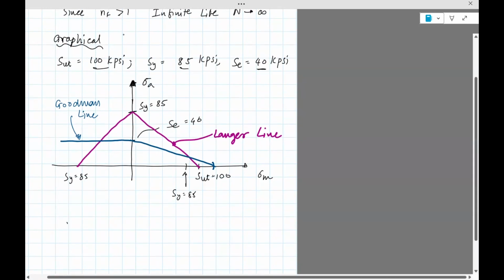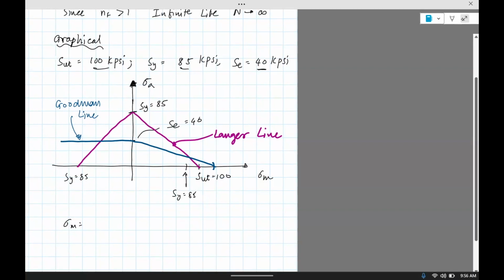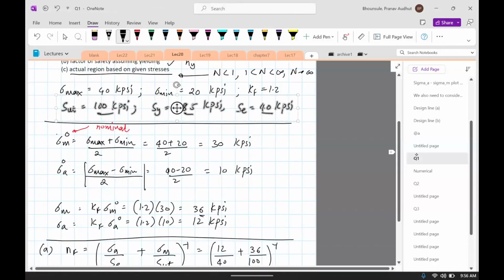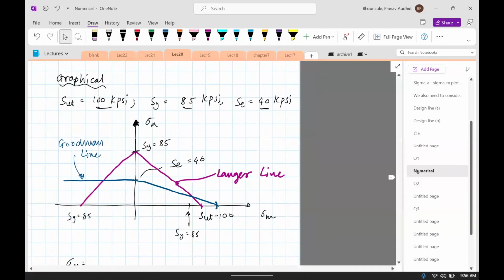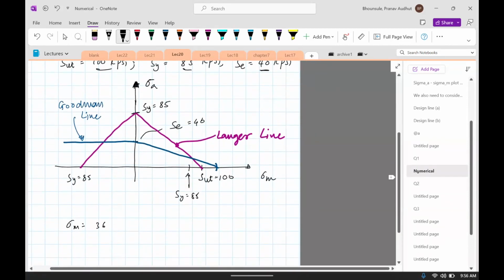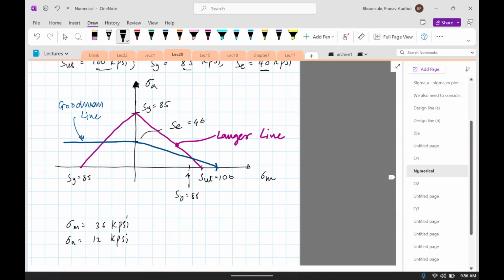Okay, so sigma M is something we computed from this step. Sigma M was 36 kpsi and sigma A was 12 kpsi. Now we need to plot this.